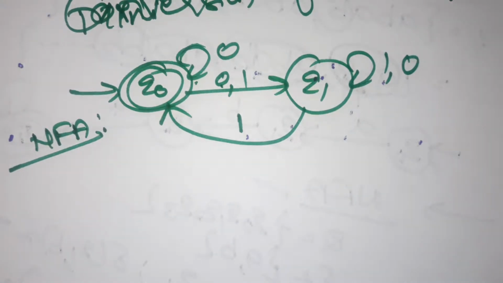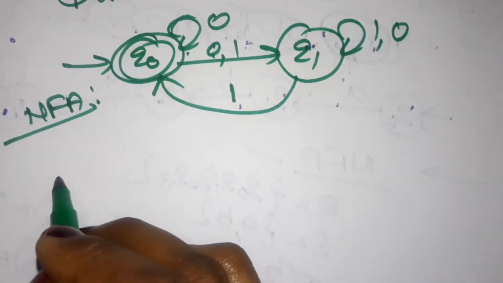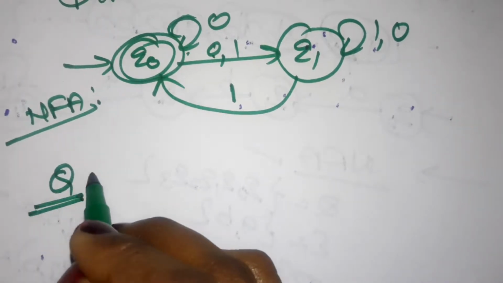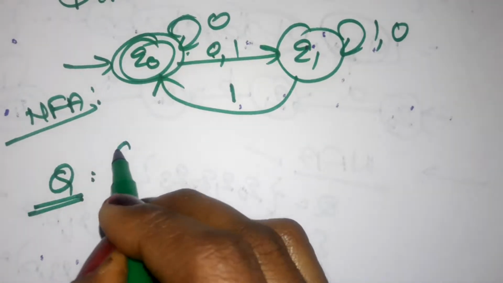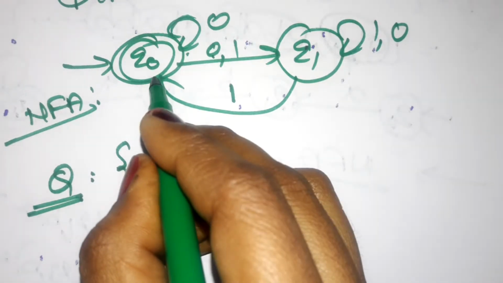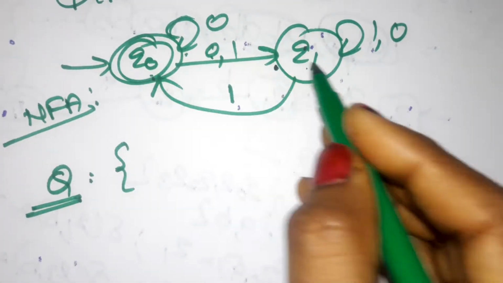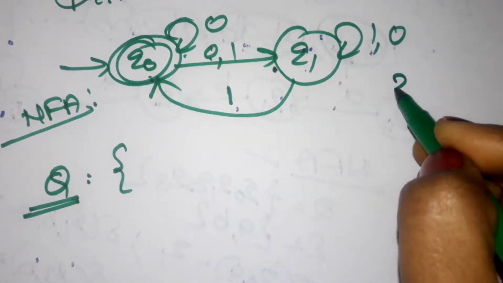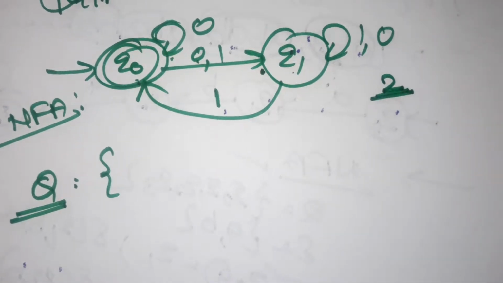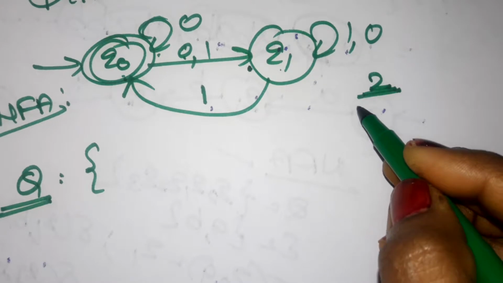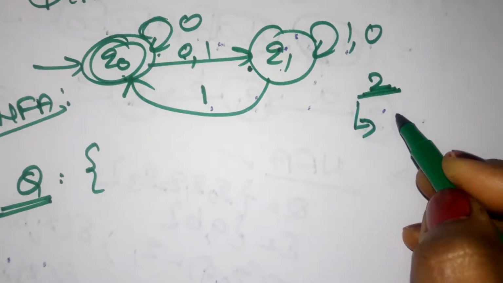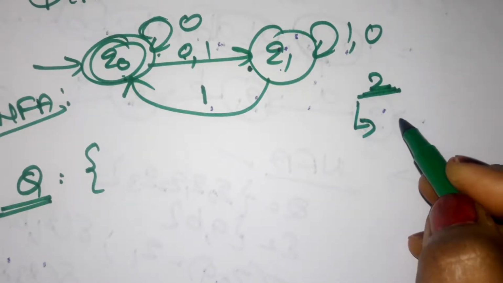So to convert NFA into DFA, first you need to follow some steps. First you need to find out the possible states. How many states do you have here in the NFA? Two states. So to convert NFA into DFA, the possible states will be 2 power 2.